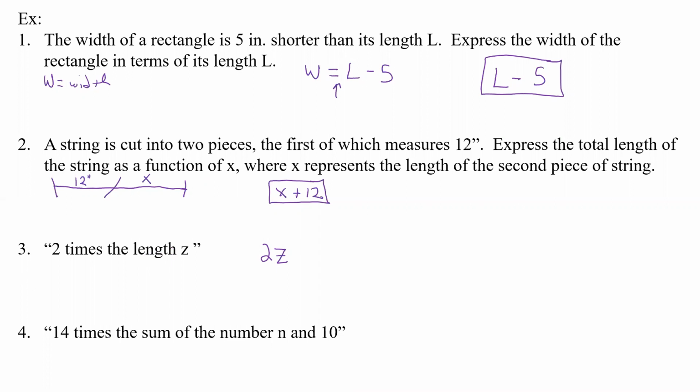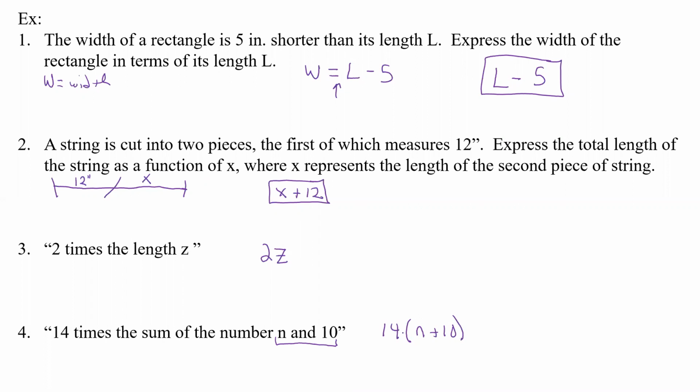14 times the sum of the number n and 10. Well, this one looks like it's a little more complex because we're going to take 14 times the sum of n and 10. Well, the best way to get that n and 10 together is to put it in parentheses. And we're going to take the sum of n plus 10, that sum times 14.